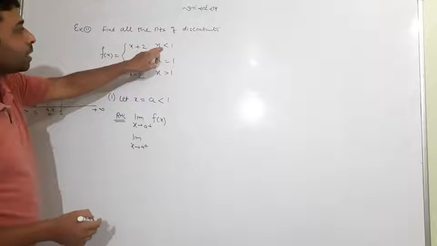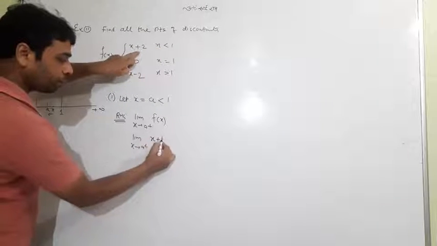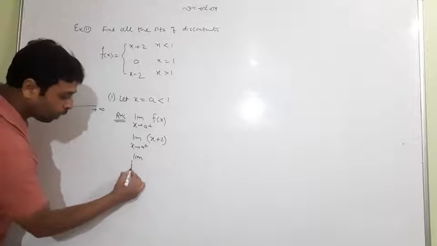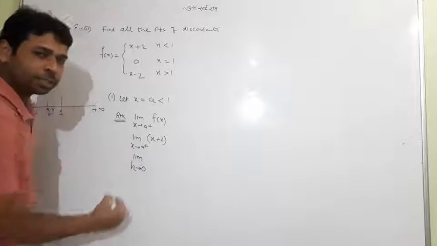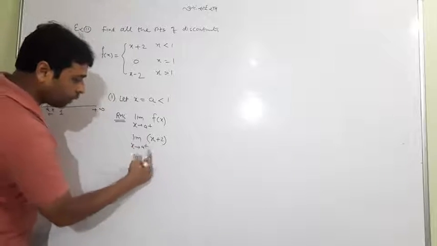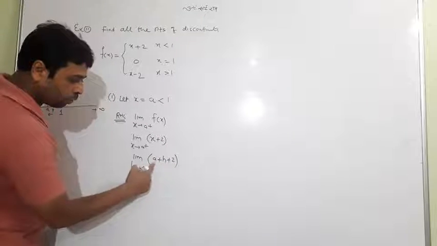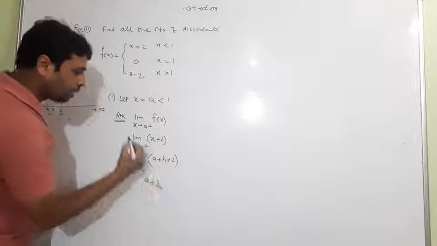So I'll choose x less than 1, which is x plus 2. Very important thing: I taught you a small trick here. You turn this into h tends to 0. Instead of x, you write a plus h plus 2, and when h goes to 0, it is a plus 2. This is the right hand limit.